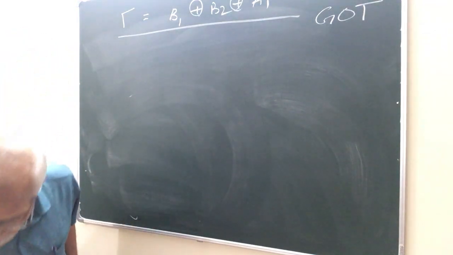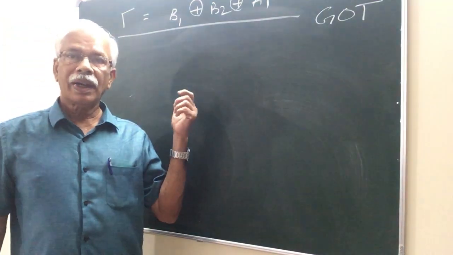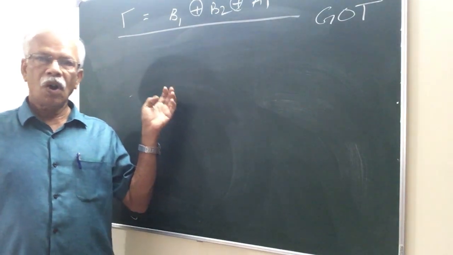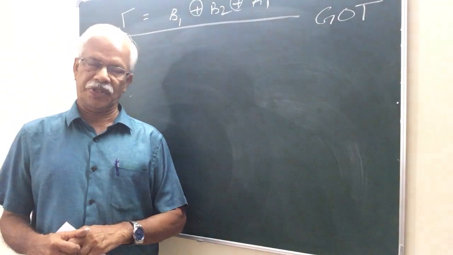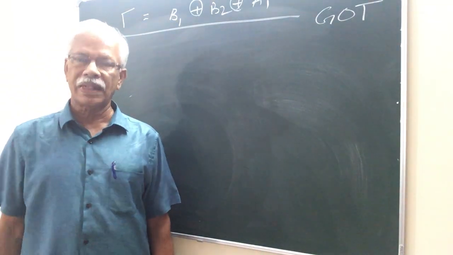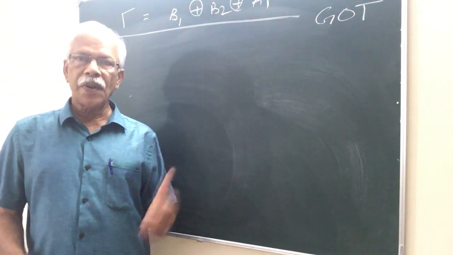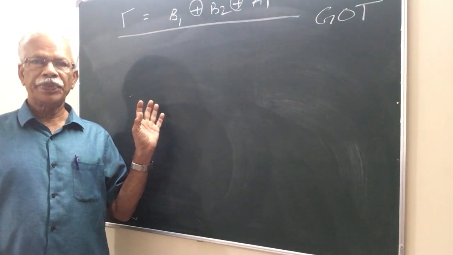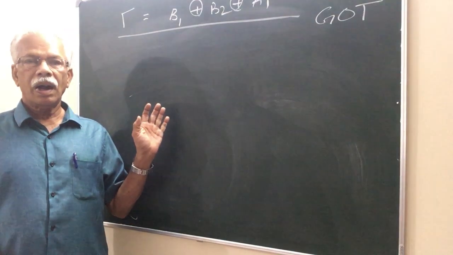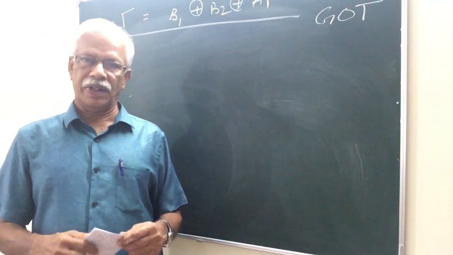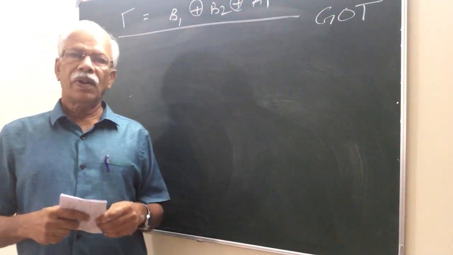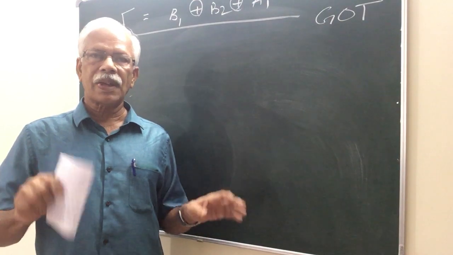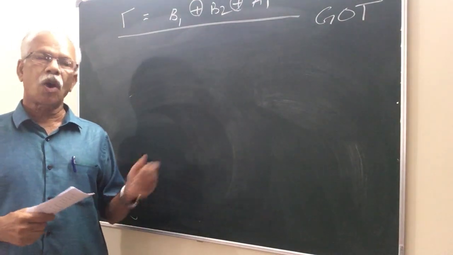What is the simple formula to write the character of a reducible representation under a set of basis functions? The formula is just like this. If a basis function gets completely unshifted, it remains where it is supposed to remain under the operation.